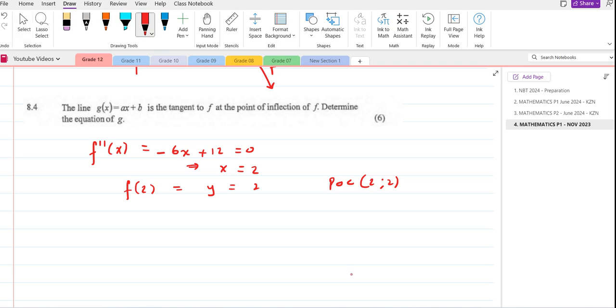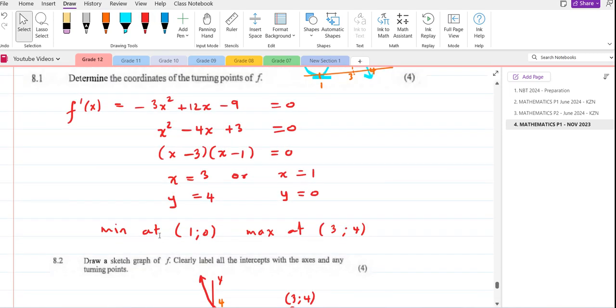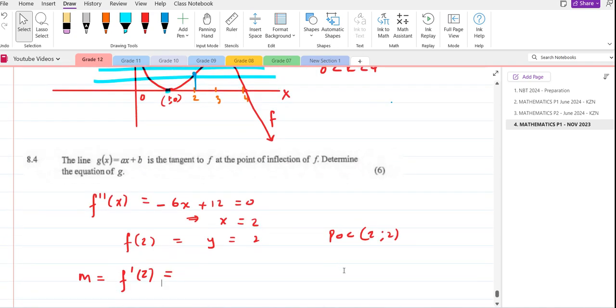Now remember, if you want to find the gradient, the gradient is the derivative function, because that represents the slope. You need to find it at 2, f prime of 2. Now f prime of 2 will give me the gradient. What's the gradient here? Minus 3 into 2 squared, plus 12 into 2, minus 9.